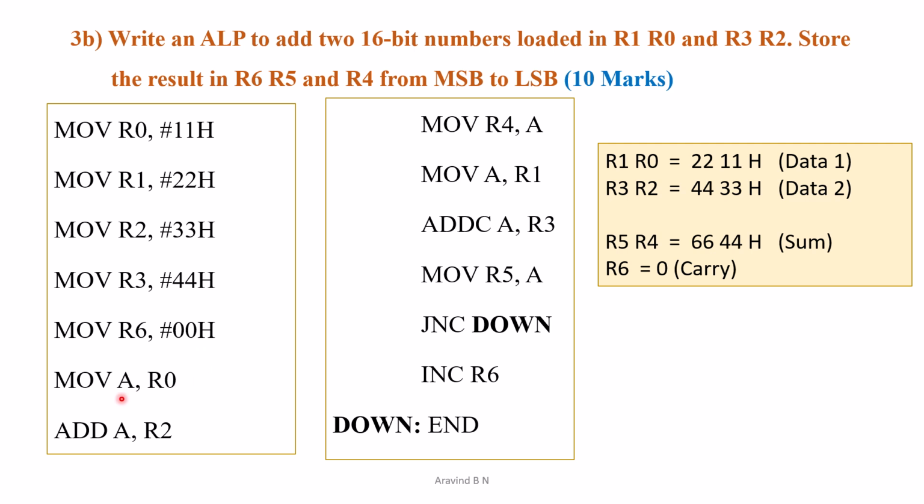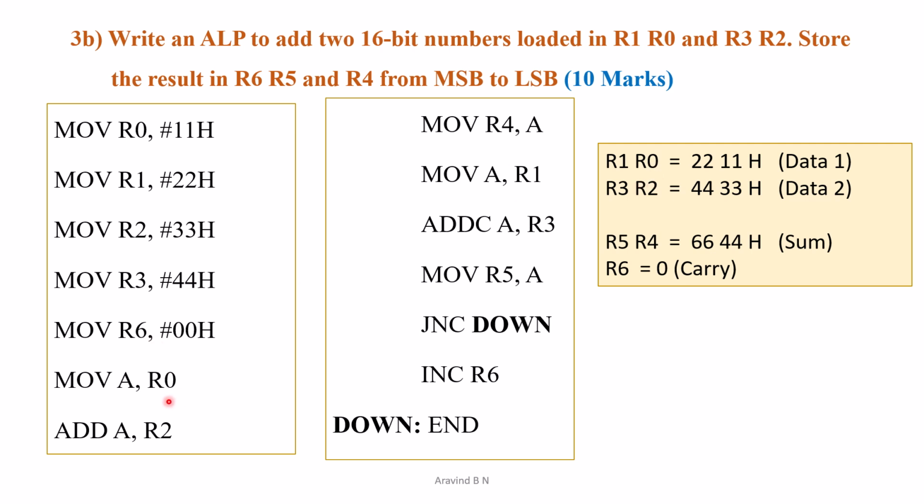After that we take the first value R0 to A. Here we cannot add 16-bit data directly. We first have to take two 8-bit values and add them, then take the remaining two 8-bit values and perform the addition operation. So first we are performing R0 plus R2.